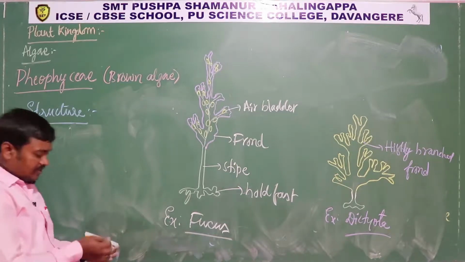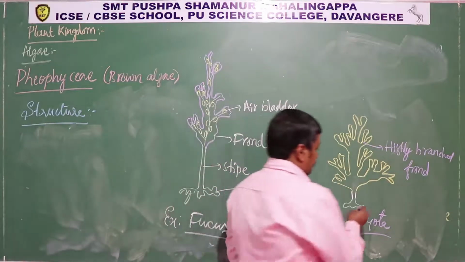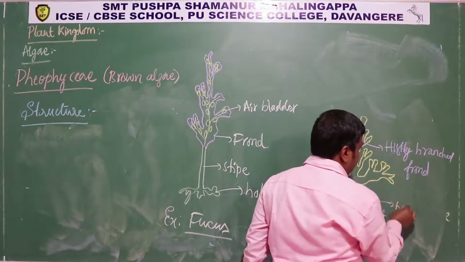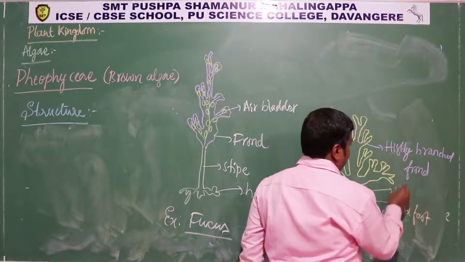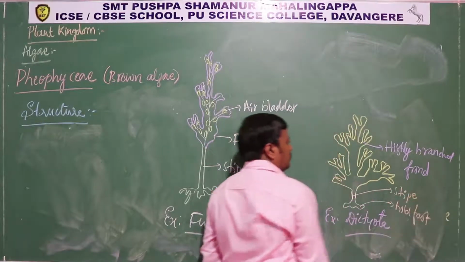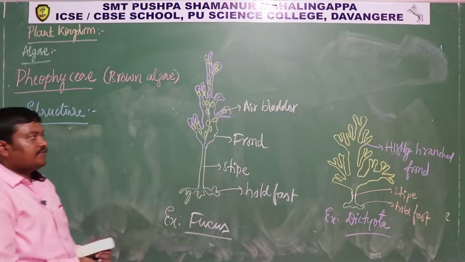So this is how they look, and this is the holdfast and stipe. These are the different forms of these phaeophyceae members.